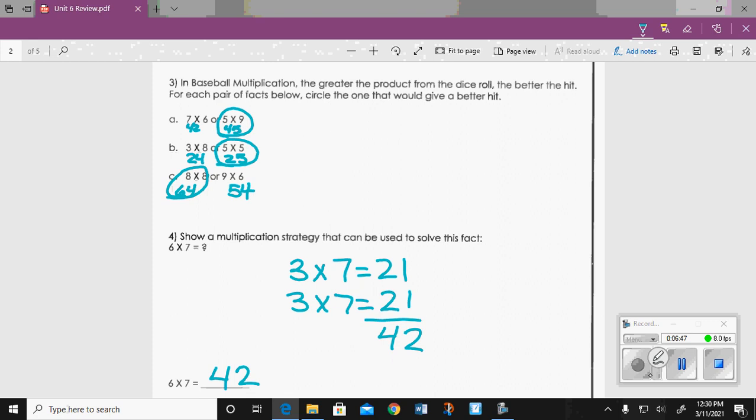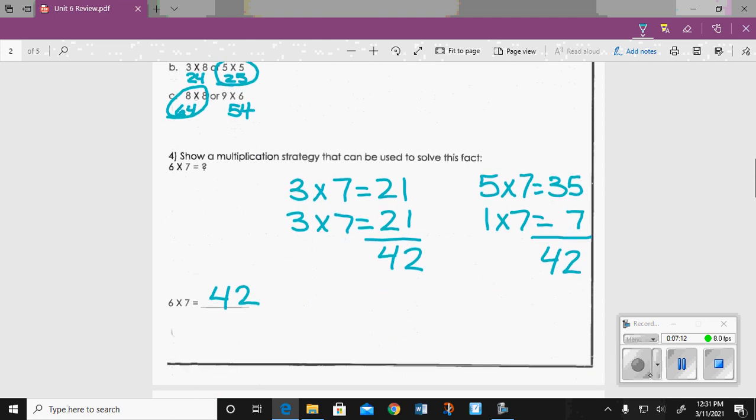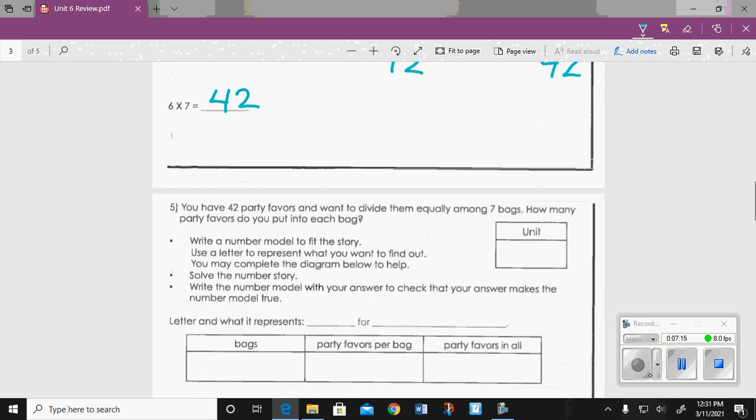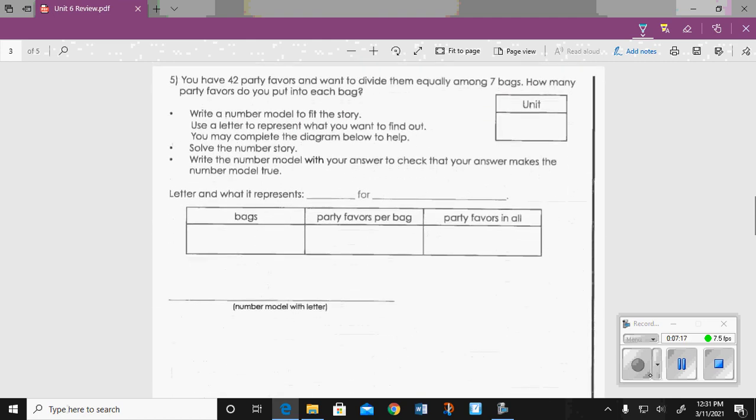I could also use the break apart rule, and I could do 5 times 7 is 35, and then I would only need one more, so 1 times 7 equals 7. And if I add those up, I come up with 42. And you can use whichever strategy works best for you. Okay, let's move on to our next question, number 5.